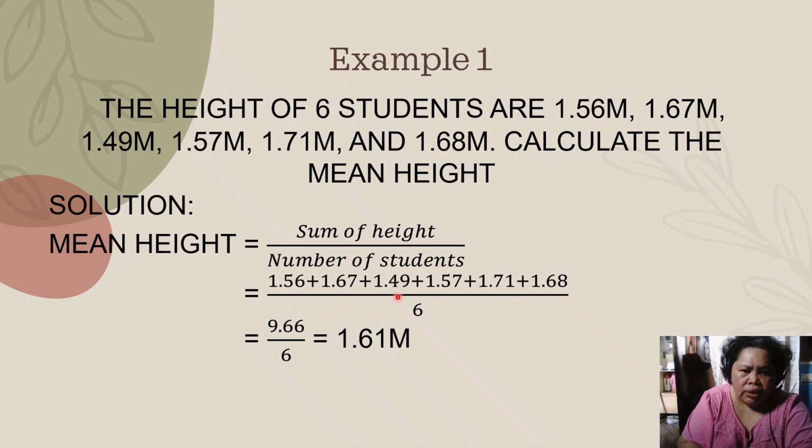So let's add all the given data, then divide by 6. We get 9.66 divided by 6, or about 1.61 meters. So the mean height of the 6 students is 1.61.